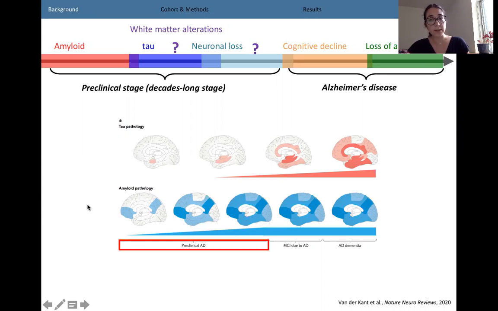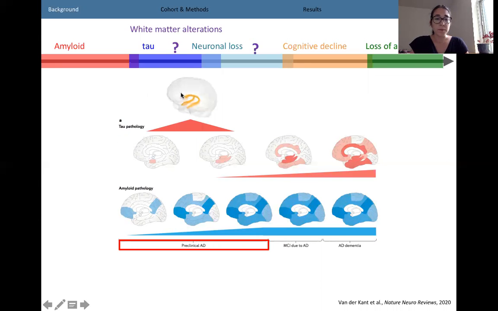When we look at this picture, we can see that the regions where pathology accumulates are connected by very well-defined anatomical bundles. For example, the fornix is the key bundle that originates from the hippocampus. Looking on the amyloid side, we can see how the cingulum bundle is connecting the key early amyloid regions.